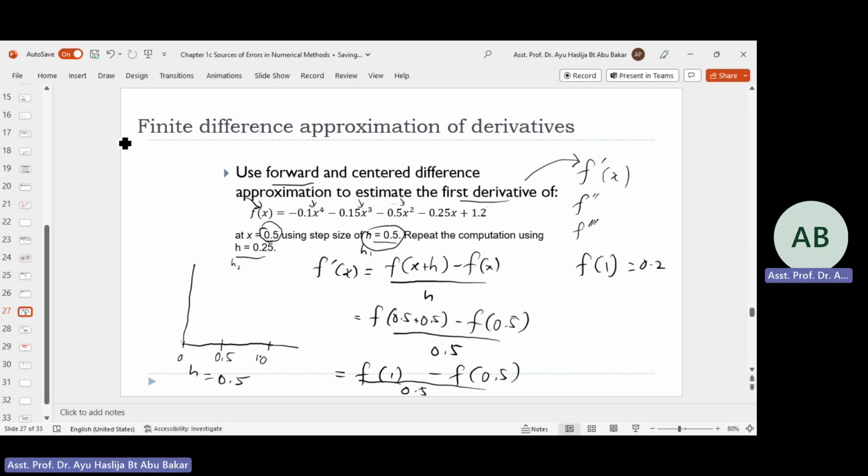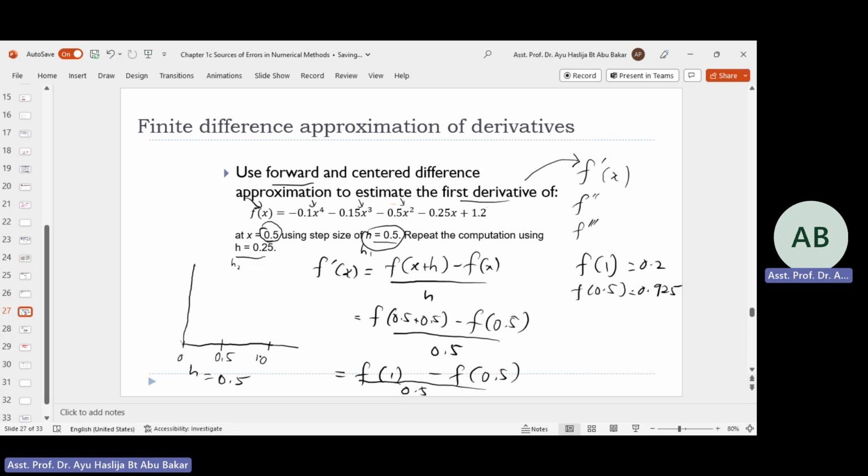Okay, now find out f 0.5. If up to 4 decimal point, what you get? 0.925, right? 0.925.